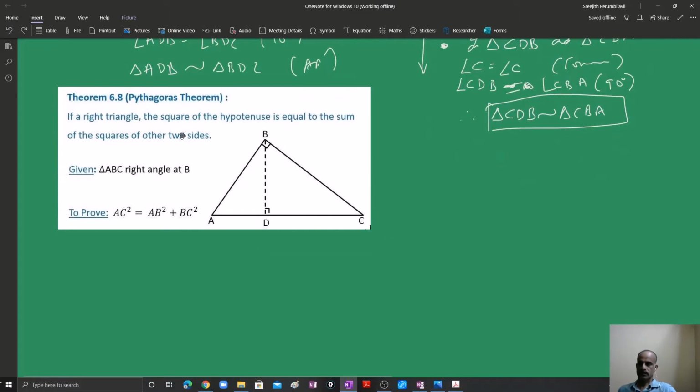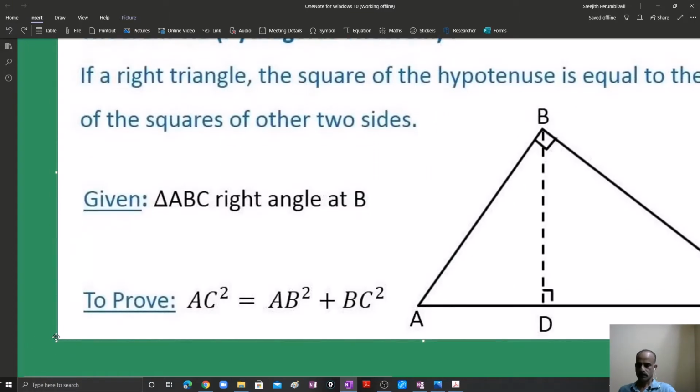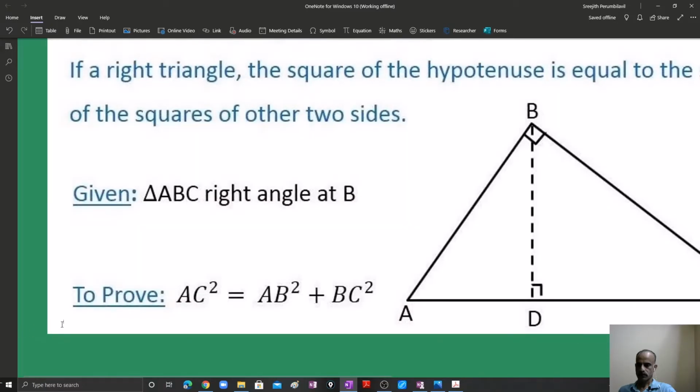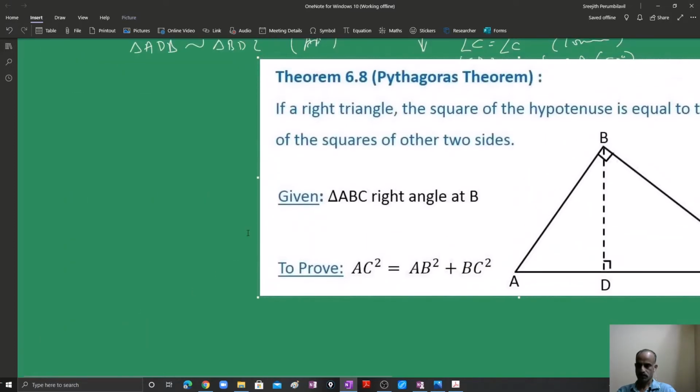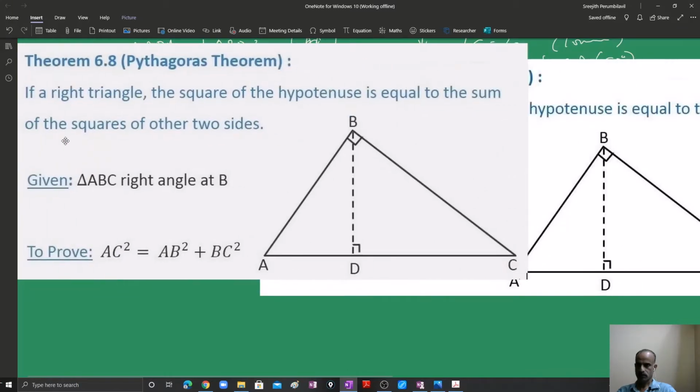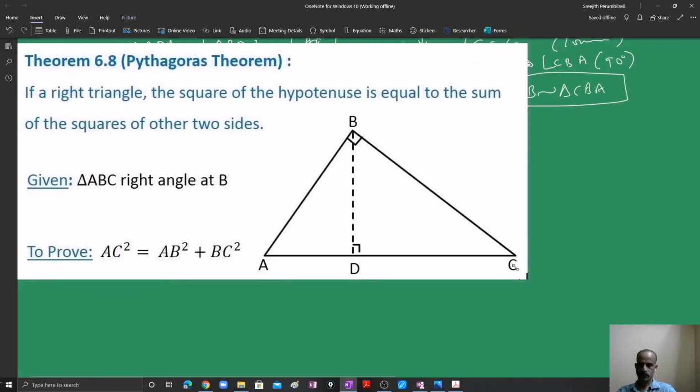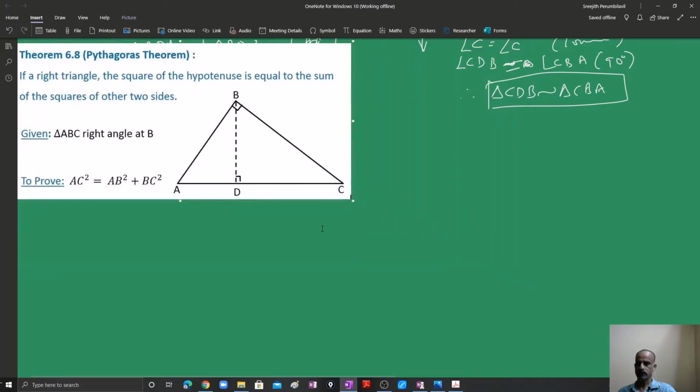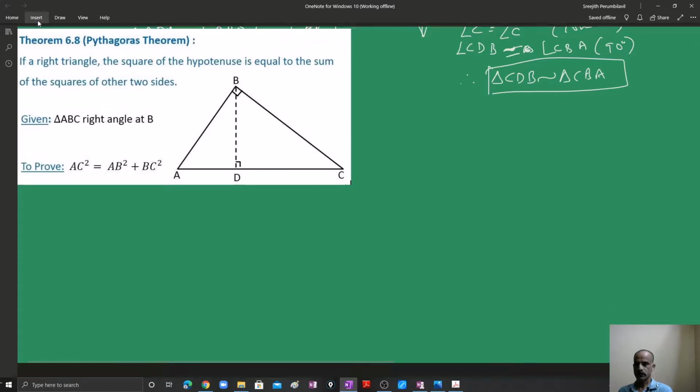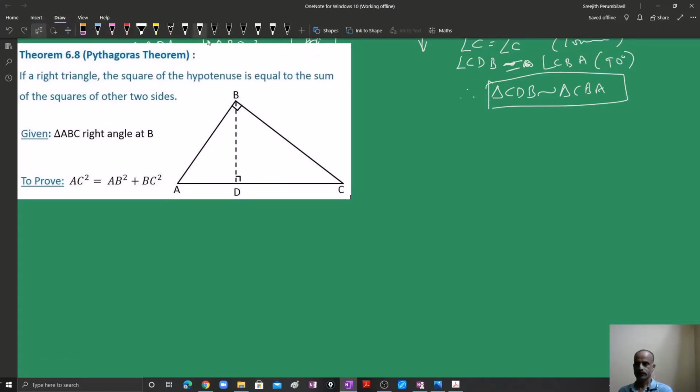This is to be proved. I make the correction here: in a right triangle. So this is what we have to prove. I have explained enough about the figure and other things. Let us go for the proof part.